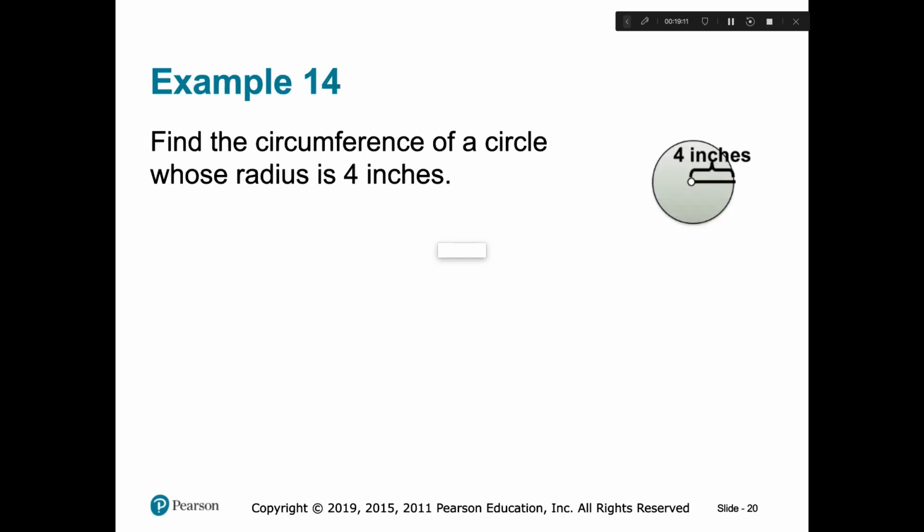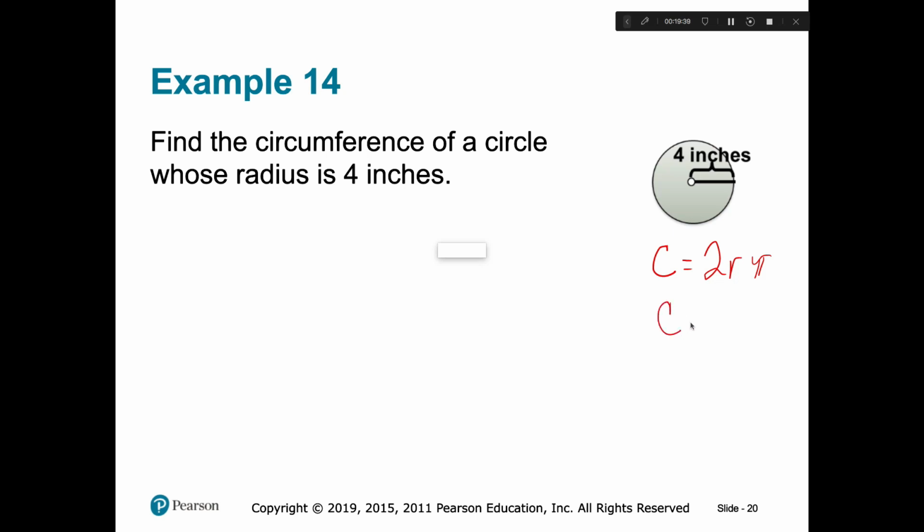So find the circumference of a circle whose radius is 4 inches. This is on the back of your paper. So what I like to do, because I like to write out things, is say that circumference. I have the radius here, so I know I need to take 2 times the radius times pi. Then I substitute in the information that I know.